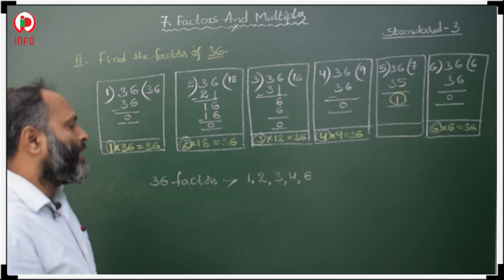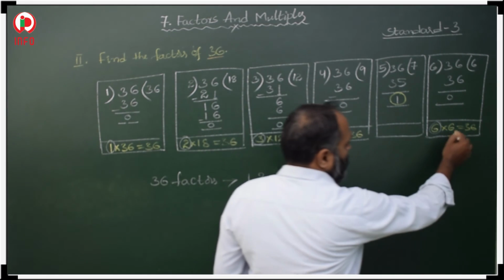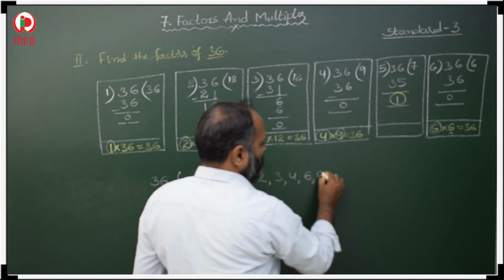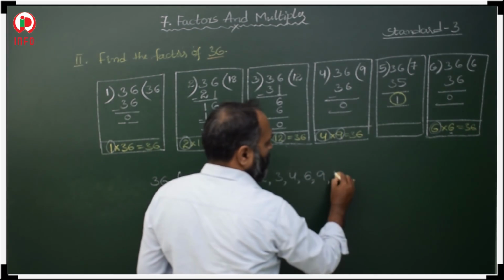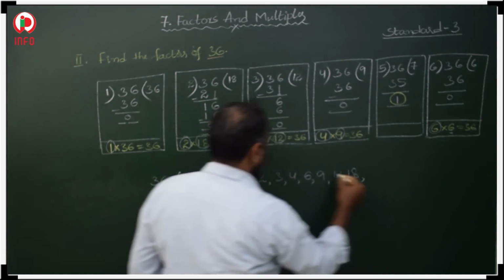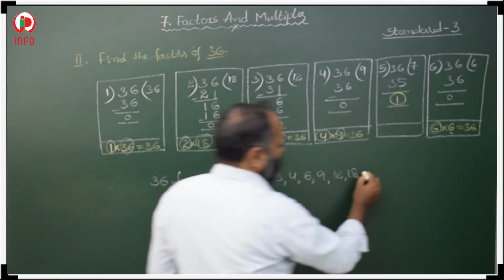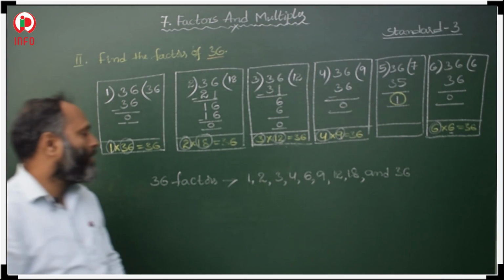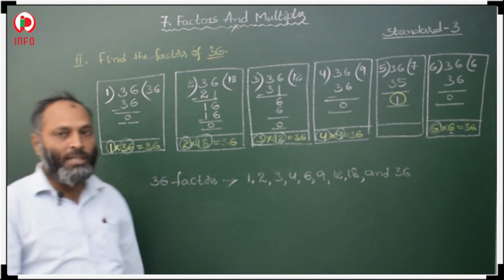Next, the second multiplicands you have to write from here. 6 we already took, then 9, 12, 18 and 36. These all are the factors of 36.